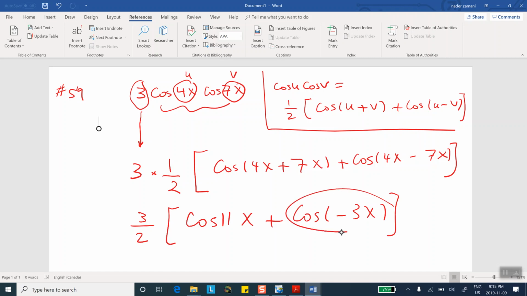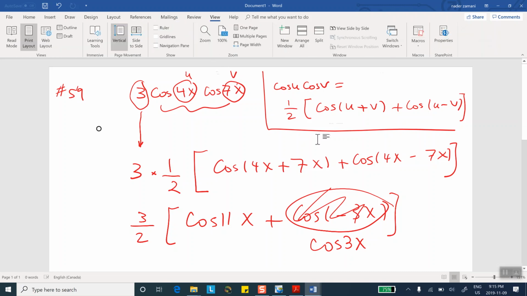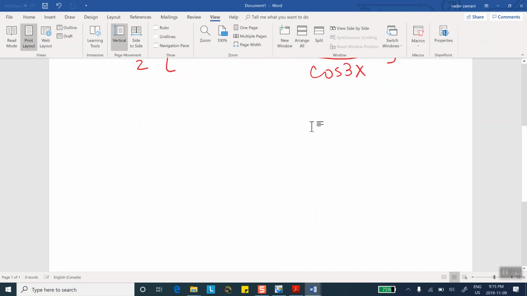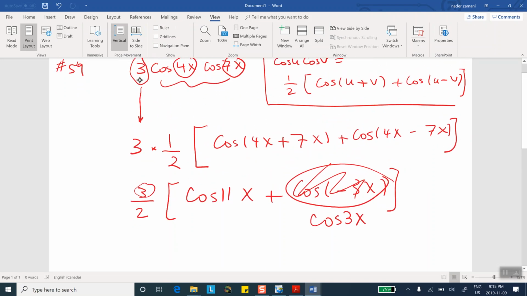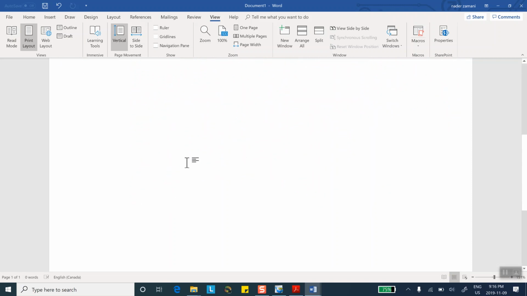However, remember cosine is an even function, so I can write this as cosine of 3x. Cosine of minus 3x is cosine of 3x because cosine is an even function. The last problem in this group, remember we took 3 into account, but we didn't let it confuse us. We just look for this form. Okay. What's the last one?